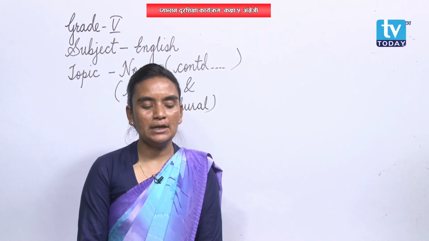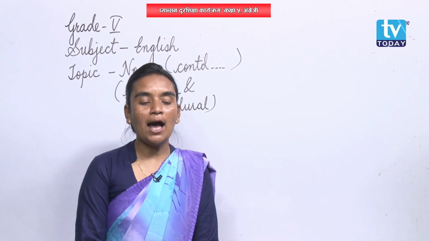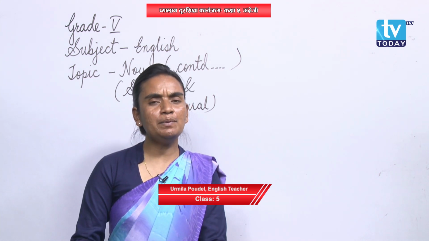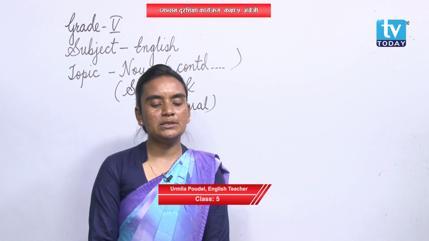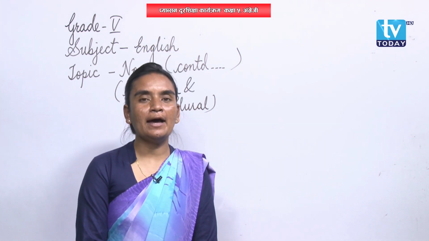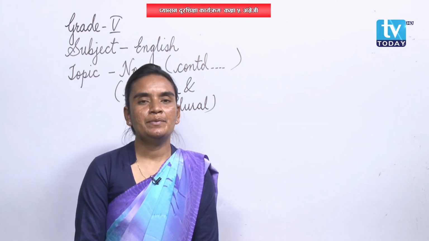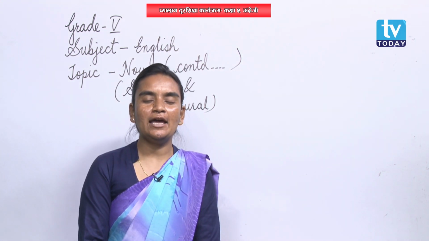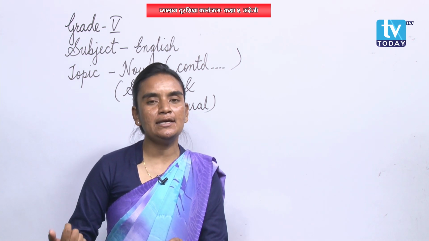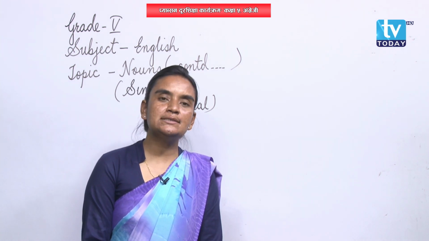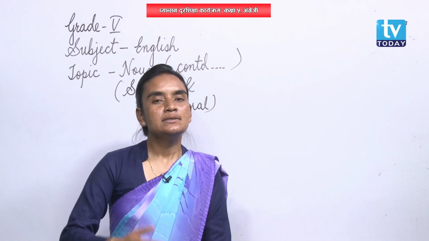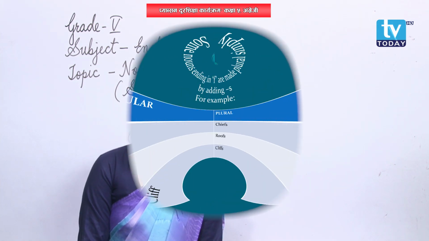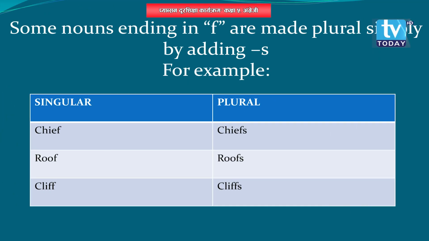So dear children, we are going for one more rule to be followed for finding the plural from the singular form. That is, some nouns are ending with F, and they can be made plural by adding S itself. Rather, in the previous rules, we said that F and FE change into VES in plural form, but in some cases, we also go for adding S in making the plural form.